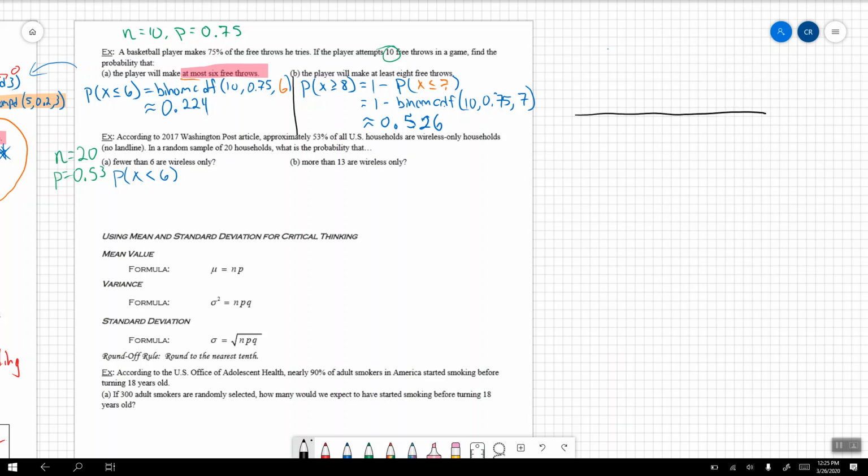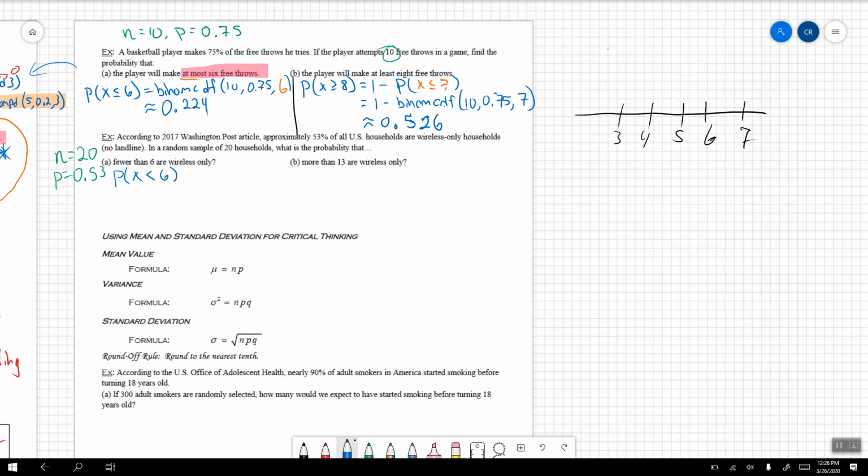Let's look at that. Fewer than 6. So that means I have the number 6, the number 5, the number 4, the number 3. Let's do number 7 just for kicks here. Remember, the probability for a cumulative distribution starts counting at the number that you input. We want fewer than 6, which means, do we include the 6?